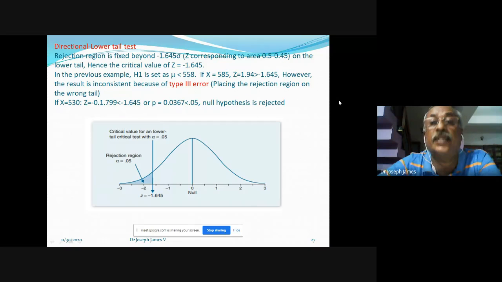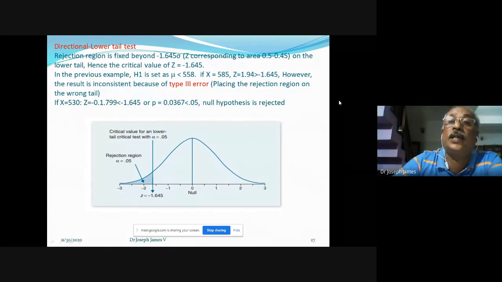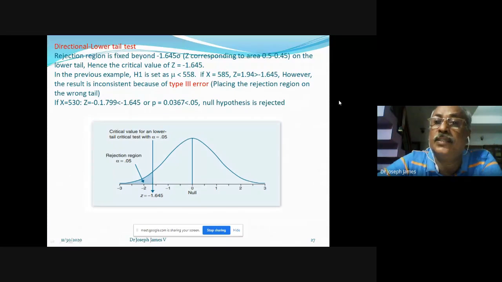Actually the rejection region should have been on the upper tail, but we placed it on the wrong tail, and that is why the result is inconsistent. Such an inconsistent result arising out of placing the rejection region on the wrong tail is known as type 3 error.